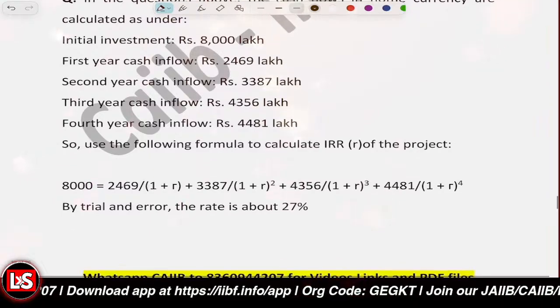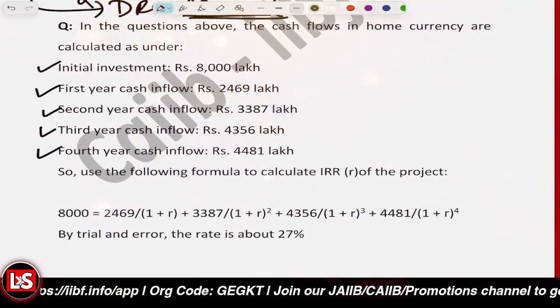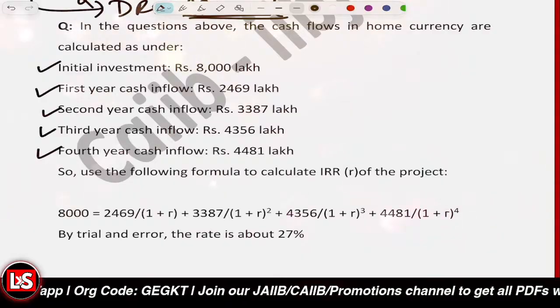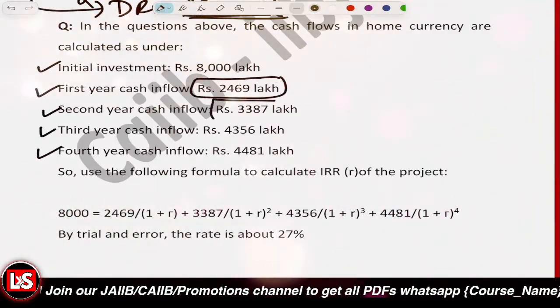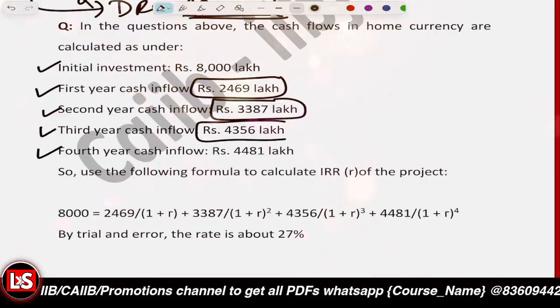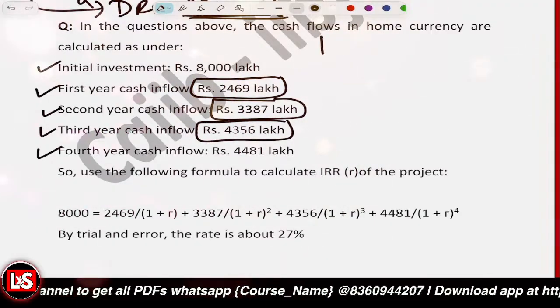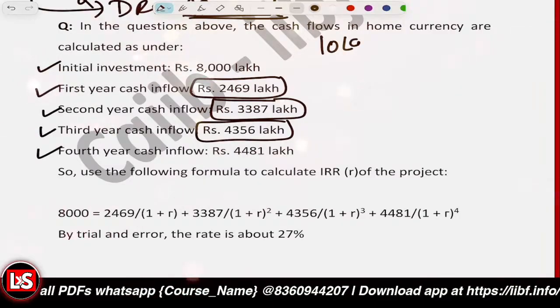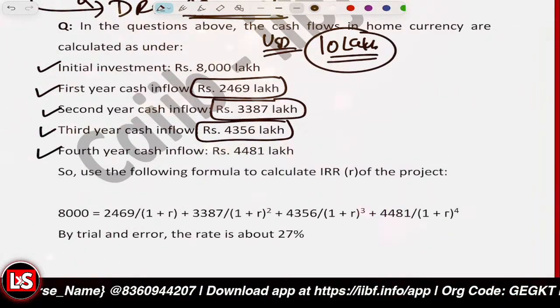Here the initial investment is given, and the first, second, third and fourth year inflows are given, and we have already converted them into the Indian rupee. Otherwise, you have to do these steps also. Let's say you have 10 lakh USD as the inflow.